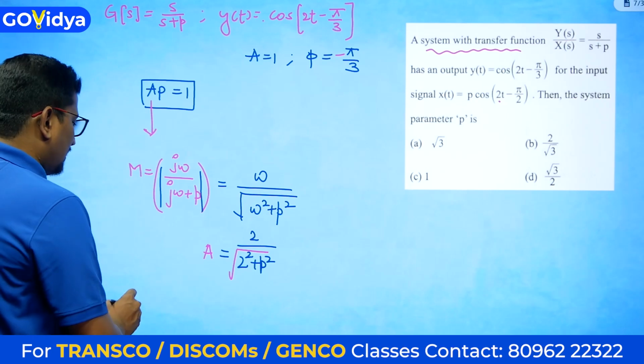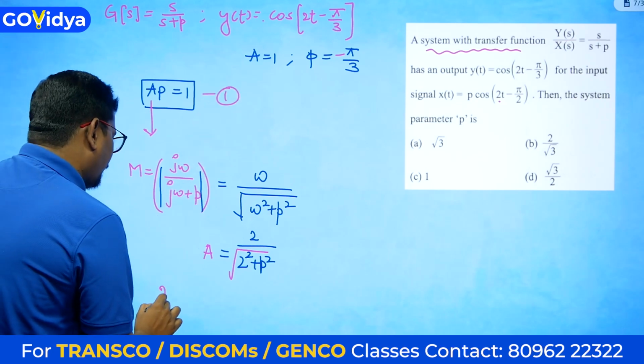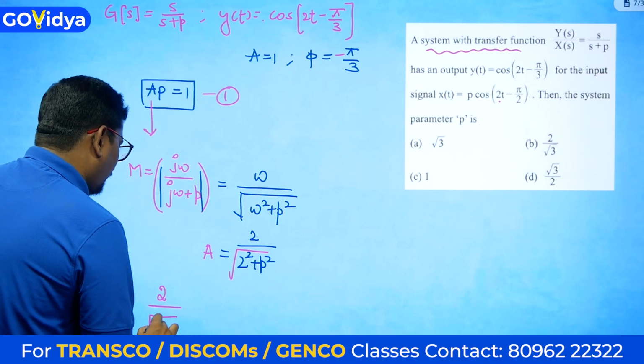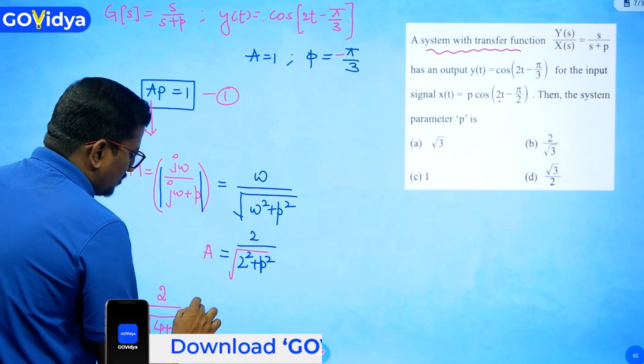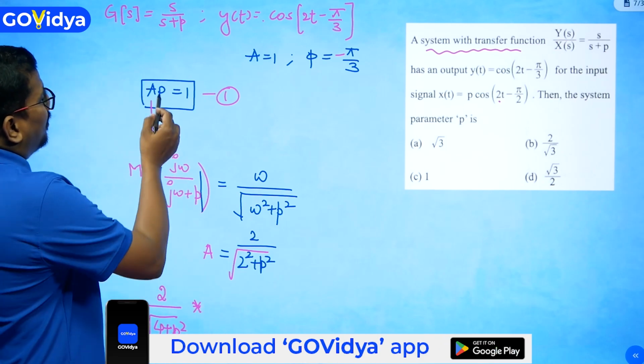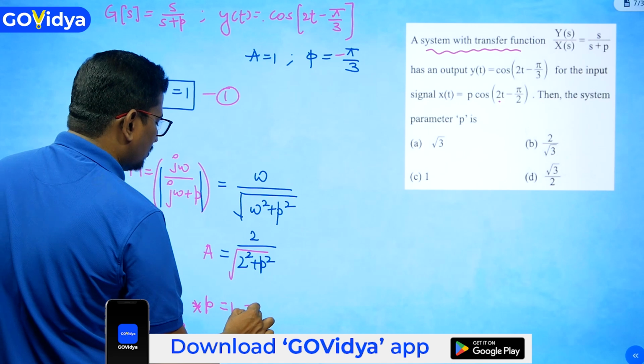So now can I say from equation 1, 2 by root of 4 plus p square multiplied by p is equal to 1.